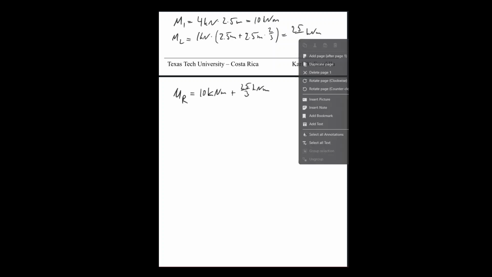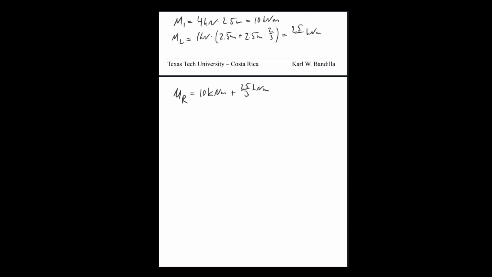I'm getting ahead of myself there with the numbers. Oh, because I have the 2.5, so I'd have to do another division. Okay, that makes sense. So 25 over 6. If I do it down here, of course I have to fix it here as well. So divided by 6, that would be 60 plus 25, which is 85 over 6 kilonewton meters.